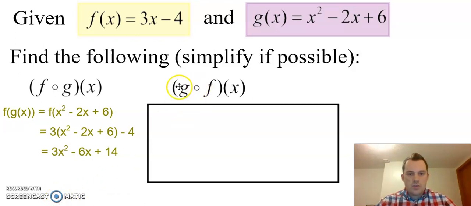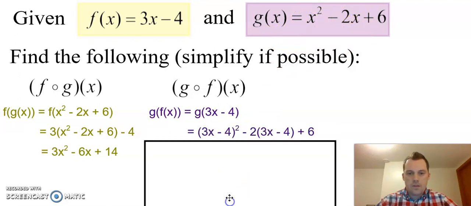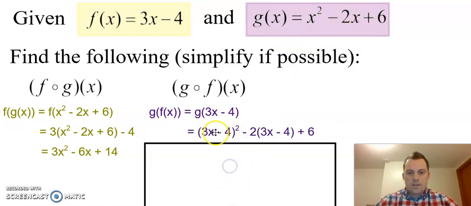Now, just because we still have the f and the g function once each, switching this order around doesn't mean we're going to get the same answer. So now we have to plug x into our f function, which we know gives us 3x minus 4, and that output now gets plugged into our g function. So we plug 3x minus 4 in for x here and here. And now we've got a little bit more work to do than we did here.